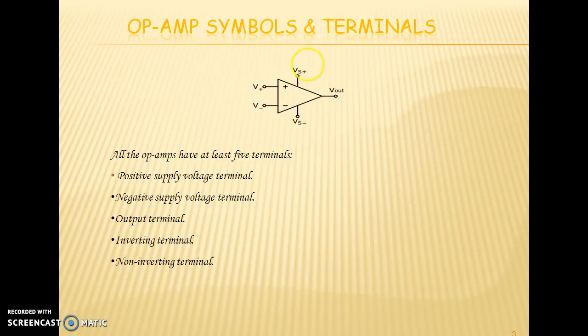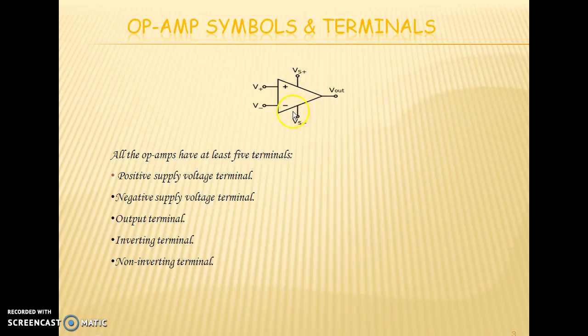Now we see the symbol of an op-amp. All the operational amplifiers have at least the following 5 terminals. First is the positive supply terminal, plus VCC or VS plus.